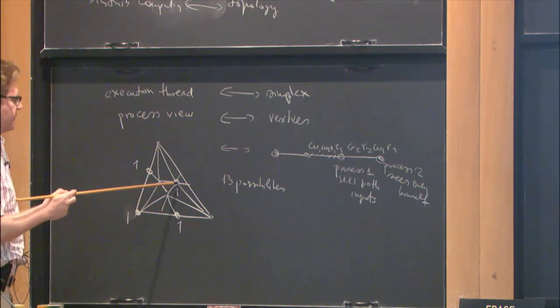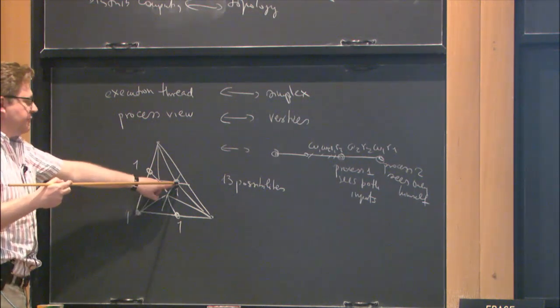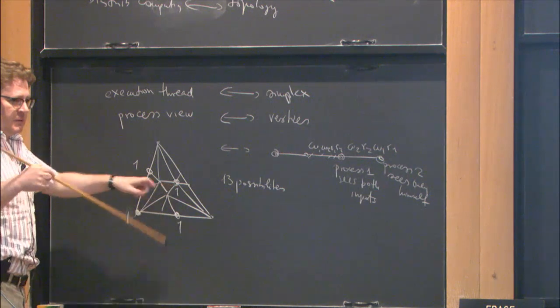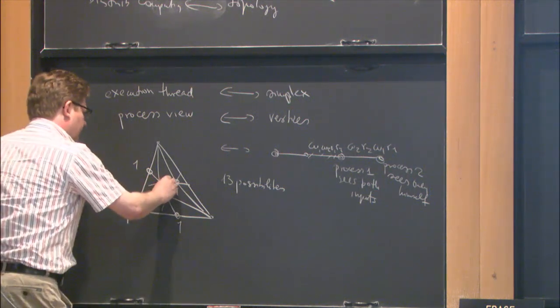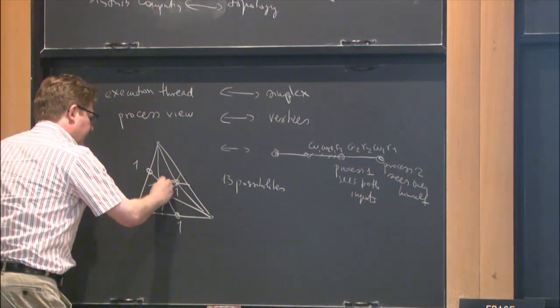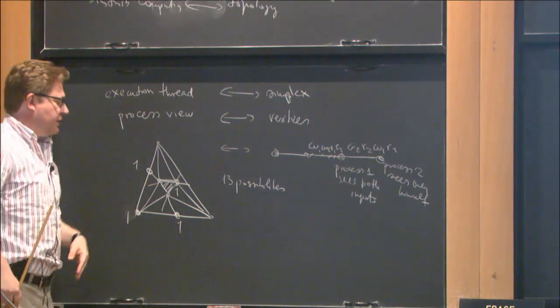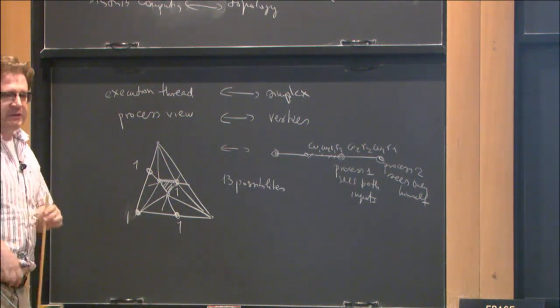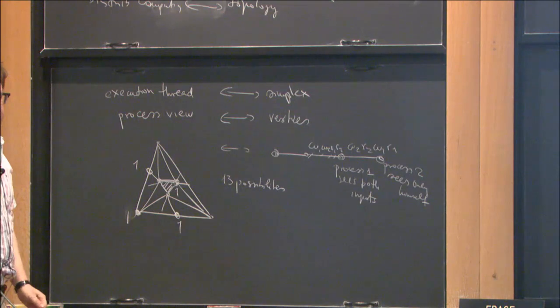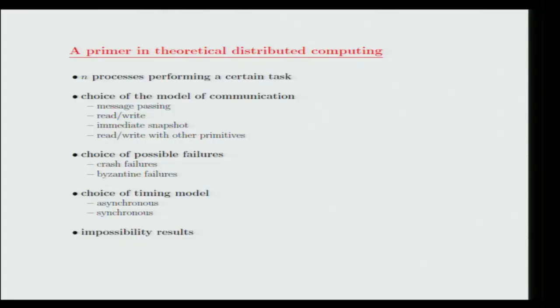This vertex corresponds to the fact that the first process sees everybody else. The middle simplex corresponds to the execution where everybody sees everybody. Okay? All right, so this is just a general idea.